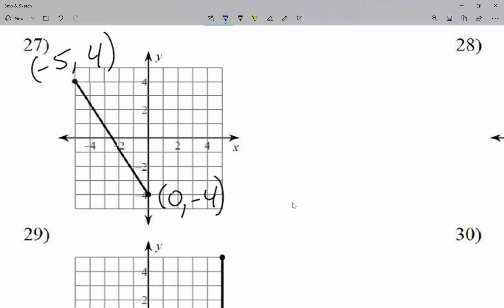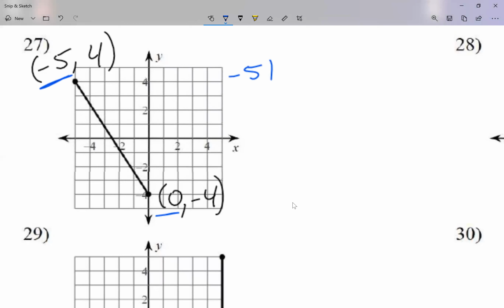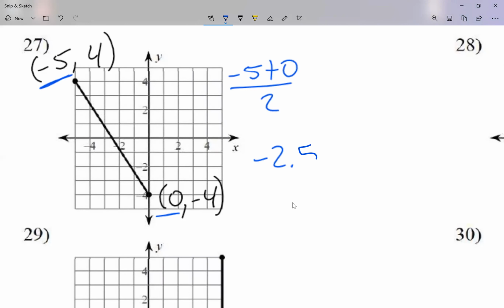So now let me find the coordinates of my midpoint. Looking at the x values, -5 and 0. I'm just going to go -5 plus 0 divided by 2. -5 plus 0 is -5, divided by 2 is -2.5.